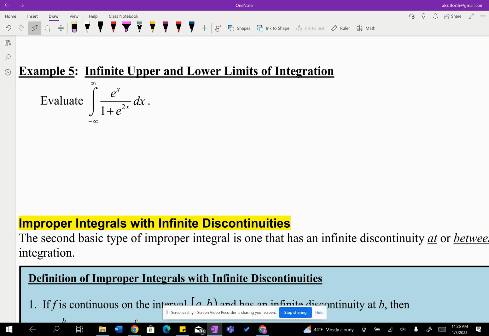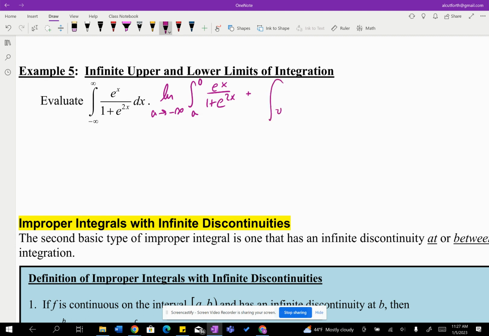Okay, so we're going to break this up. We'll do the limit as a approaches negative infinity. We'll replace the bottom limit with a. We're going to break it up into a to 0, and then 0 to infinity.